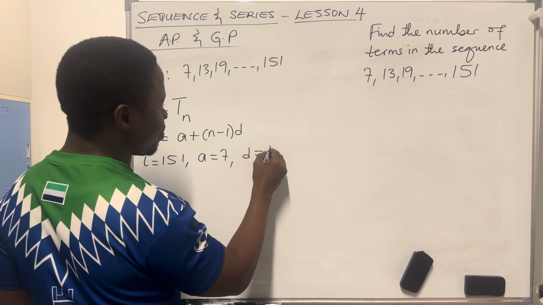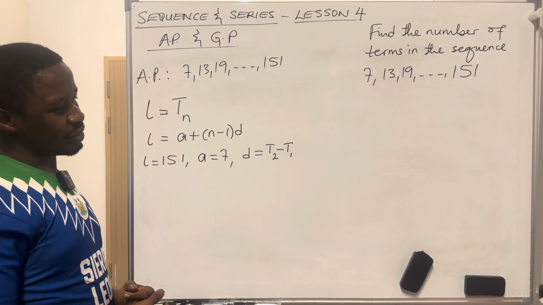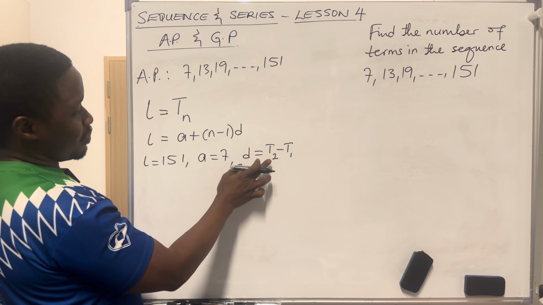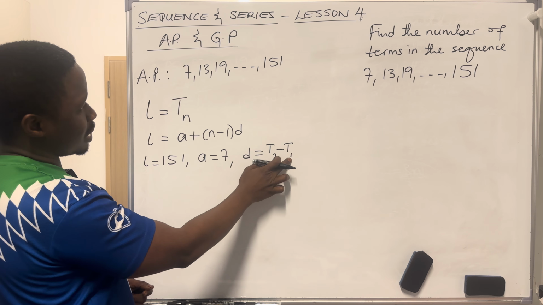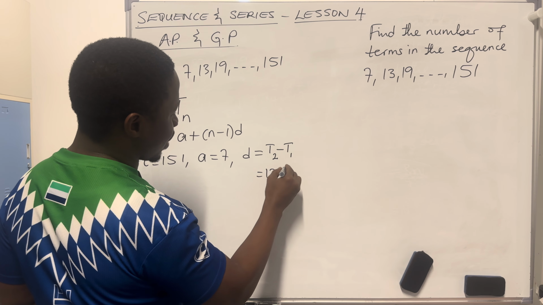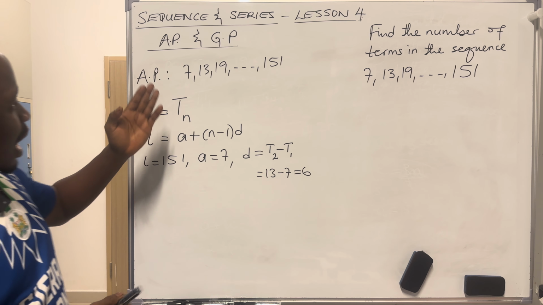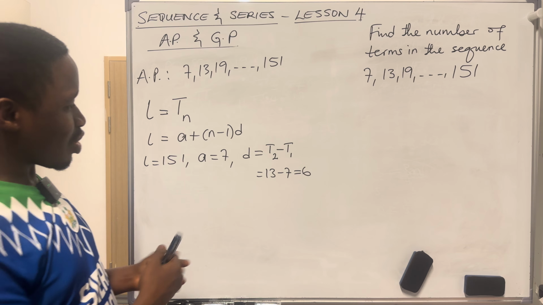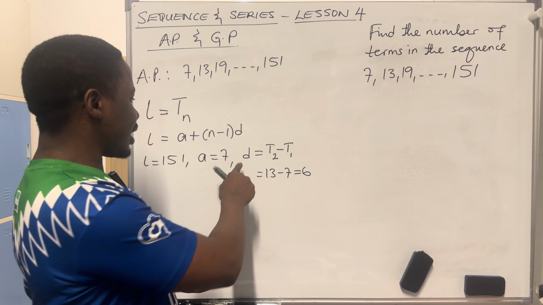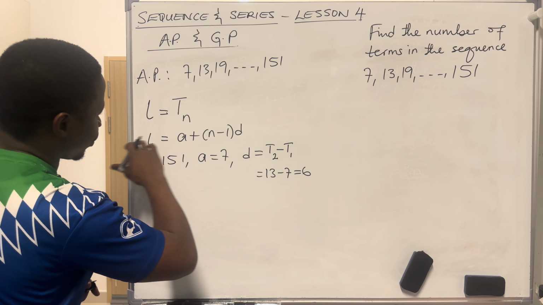The common difference is a particular term minus the preceding term. So if T2 is 13 and T1 is 7, then 13 minus 7, which is 6. But if you can look at the sequence and tell that the common difference is 6, you can simply say d equals 6.